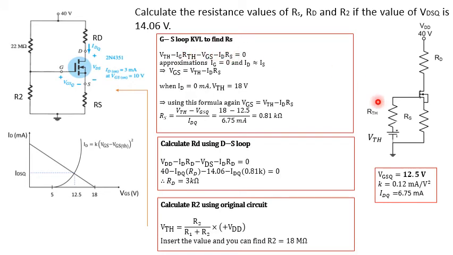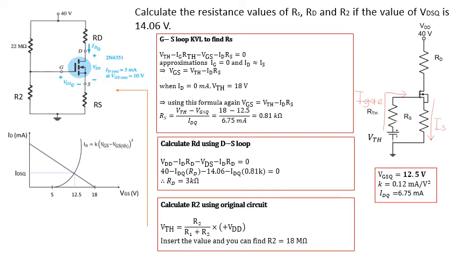So how to find the RS? In order to find the RS, you have to solve the GS loop. We know that from the loop, VTH minus the IG, the current that flows across this is the gate current IG. The current that flows across this RS is IS.